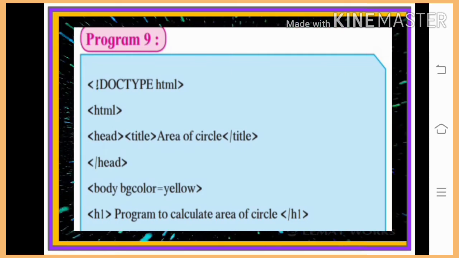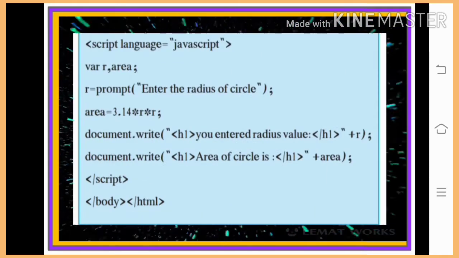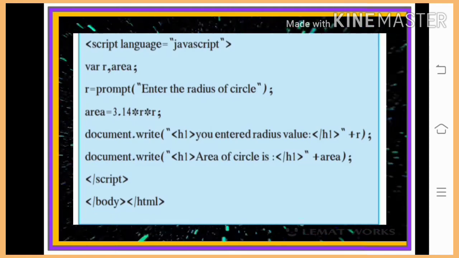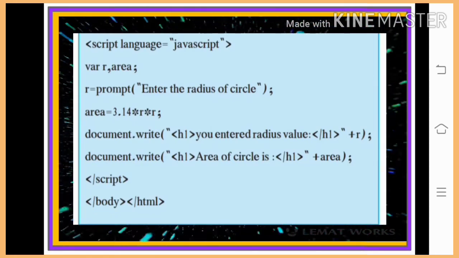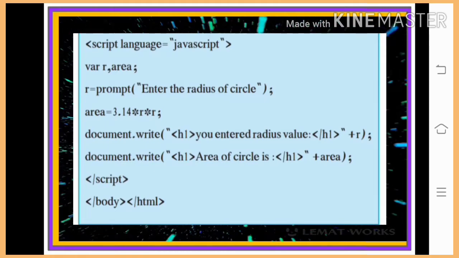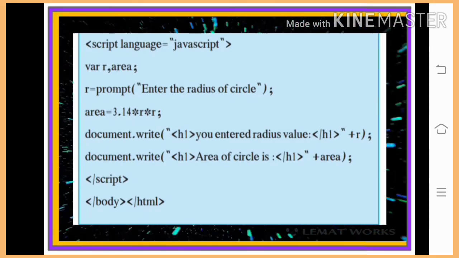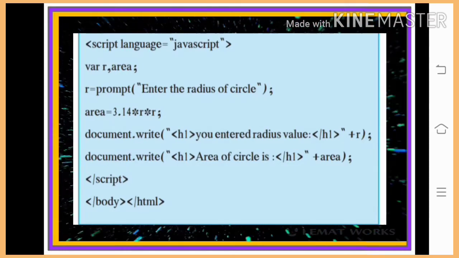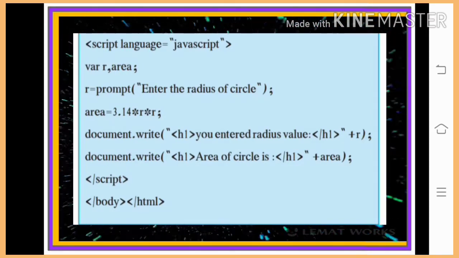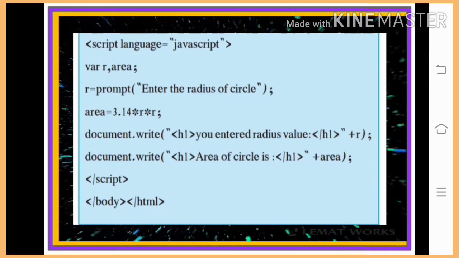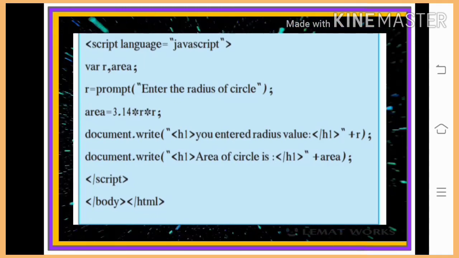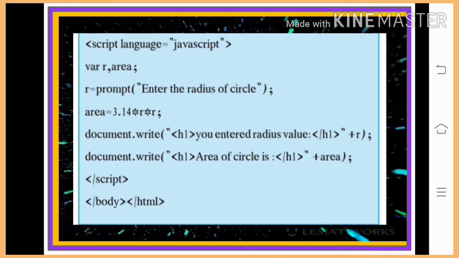Then open script block, script language equal to JavaScript, var r, area. Here there are two variables we declared, r and area. r equal to prompt, in parentheses, in double quotes write enter the radius of circle, close parenthesis, and at the end write a semicolon.